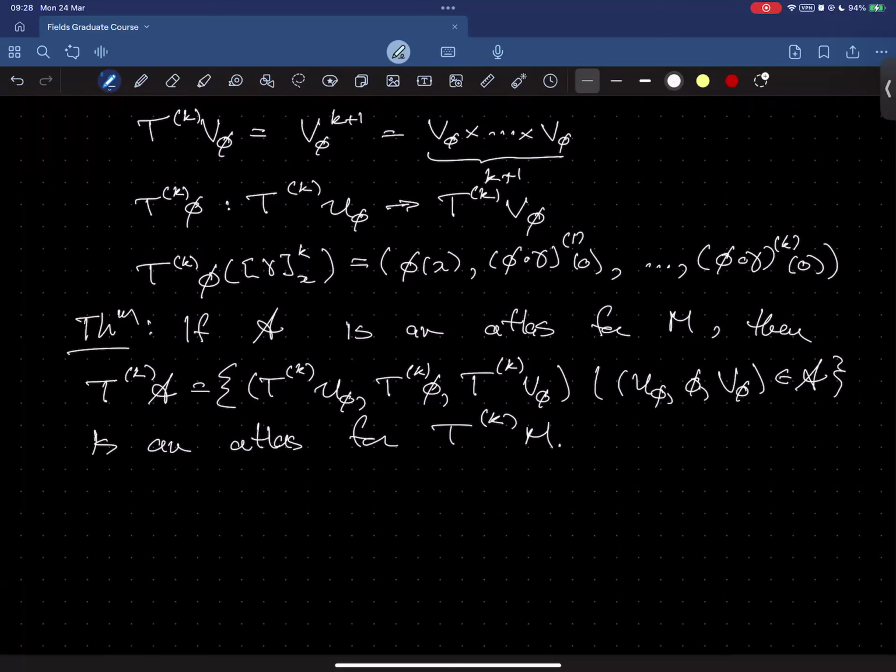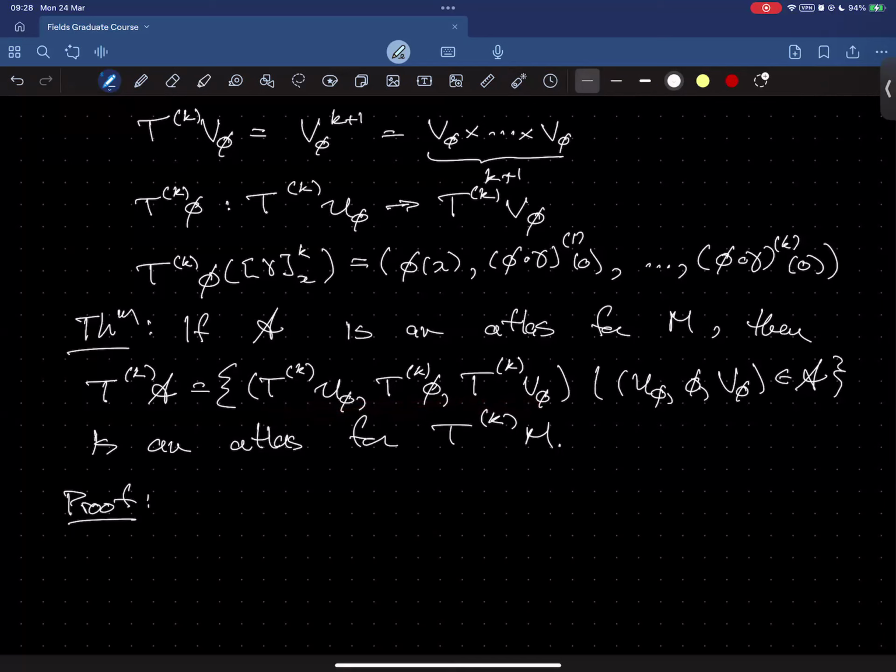All right, so now we're going to look at the overlap condition a tiny bit more carefully. Let's first think about what it takes to prove that each of these things is a chart.